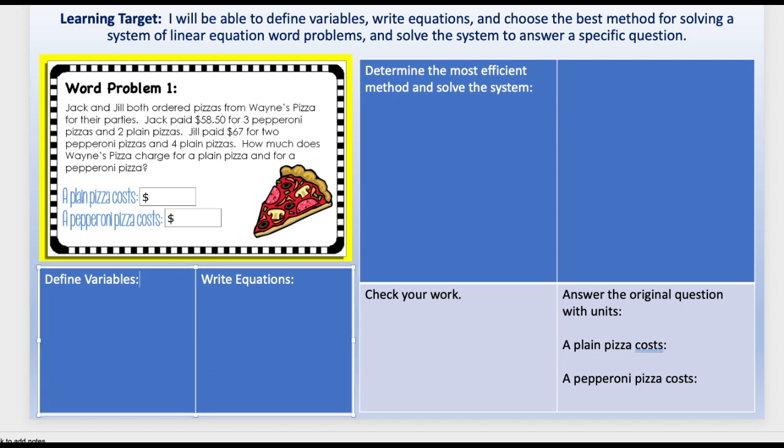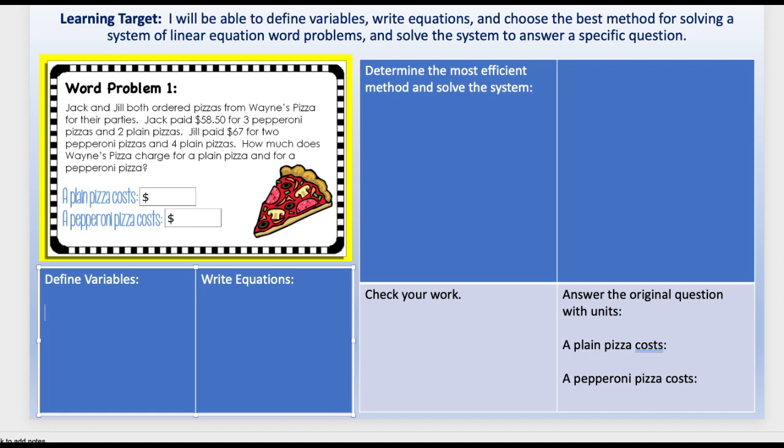So I always try to go back and read the question again before I start. We're trying to figure out how much they charge. So we are trying to solve for the price of a plain pizza and the price of a pepperoni pizza. So let's start by defining our variables.